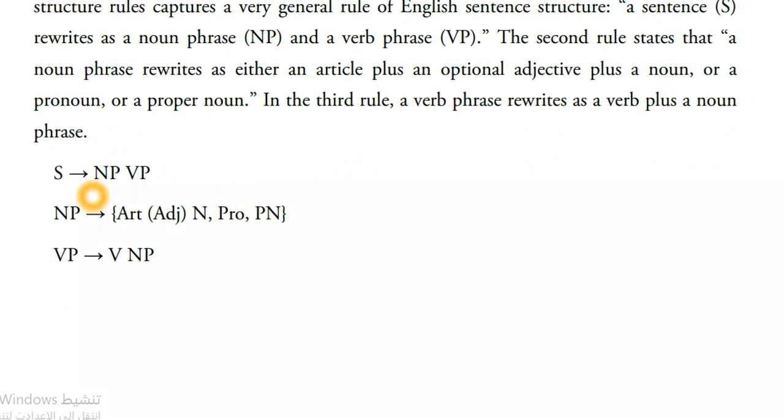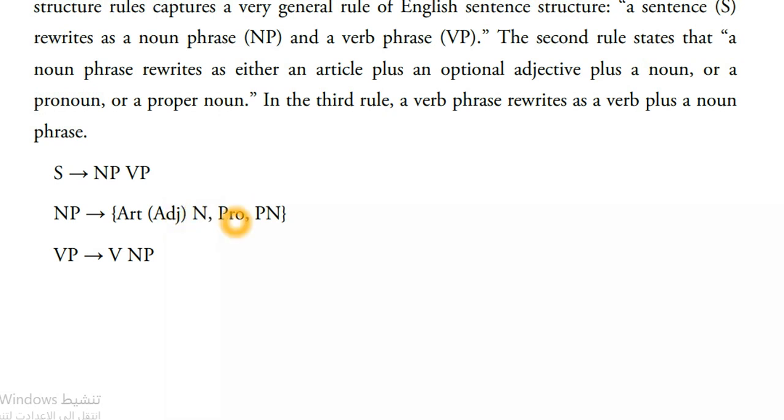So let's look again. This is a sentence, and in the sentence we can find noun phrase and verb phrase. The possible structures for noun phrase can be article, like a and the. So this is the article. Adjective, any word under adjective, and then we have N, which means noun.